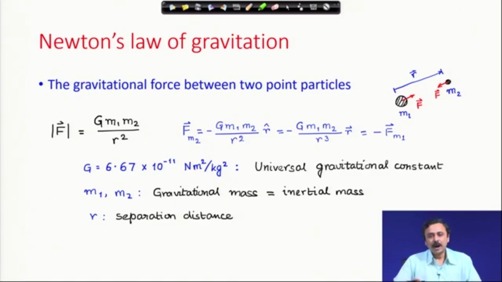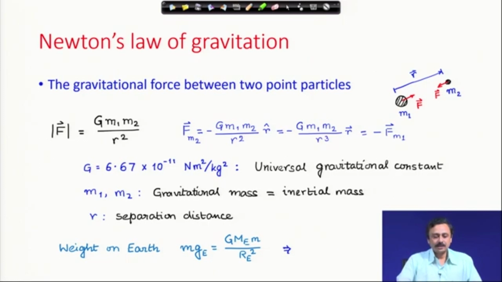So that mass that comes in Newton's second law of motion is the inertial mass, and the mass that comes here in the gravitational law of Newton is called the gravitational mass. Now, there is no reason why these two should be equal, but they are found to be equal to a very high level of precision. R is the separation distance.